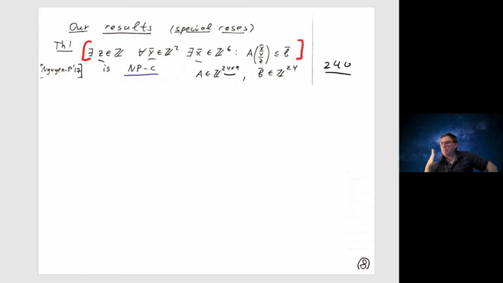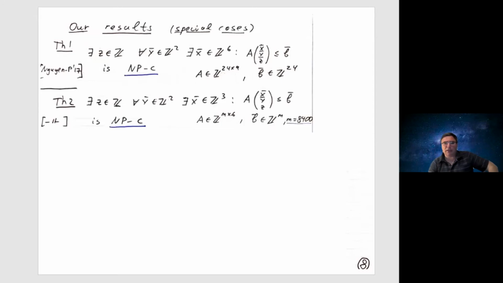Okay. So our second result is very similar to the first one, but now we actually can drop the dimension. This is dimension 3, 2, and 1. There's just not the whole. We again have only 3 quantifiers, and the whole number of variables is 6, the total dimension.